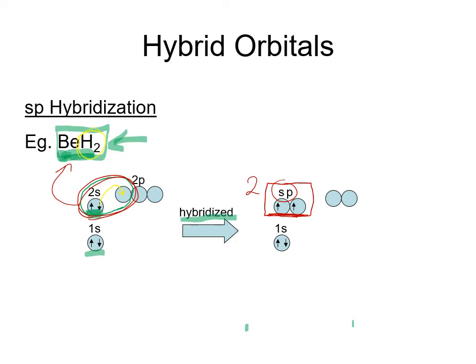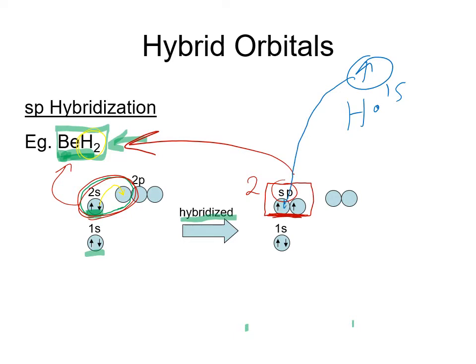But the important part is that this allows us to put the electrons in a way that explains how it can bond with hydrogen. Because now, if hydrogen were to come along, with its one electron in its 1s orbital, it could put that electron into that orbital.